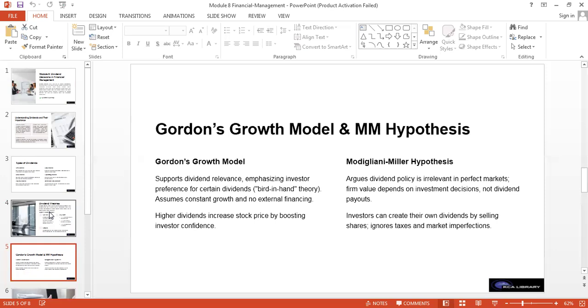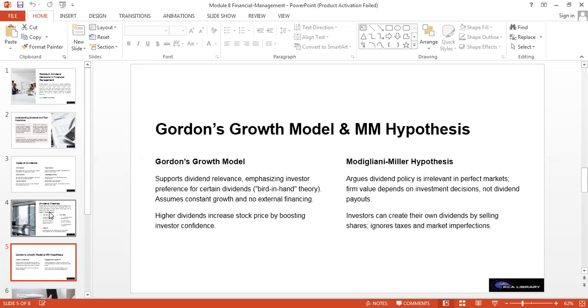The Modigliani-Miller hypothesis argues that dividend policy is irrelevant in a perfect market. Firm value depends on investment decisions and not dividend payouts. Investors can create their own dividend by selling shares; it ignores taxes and market imperfections.